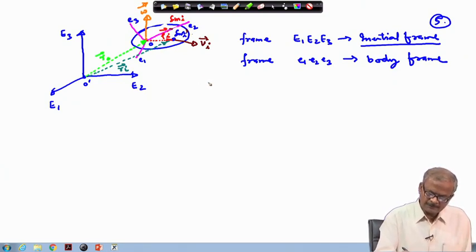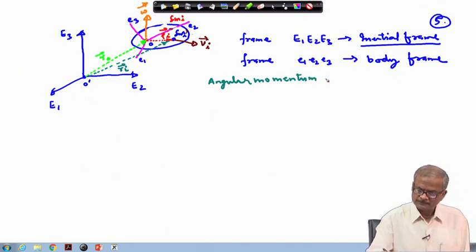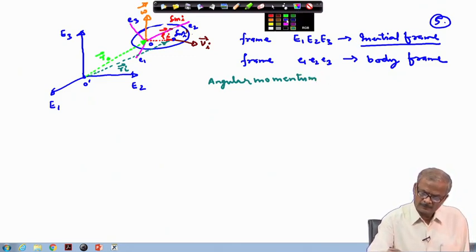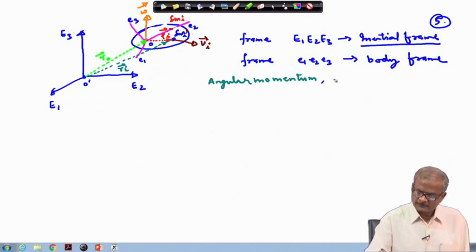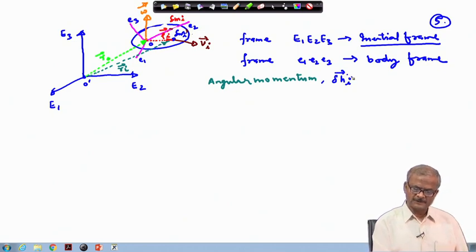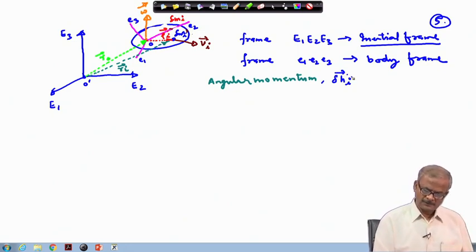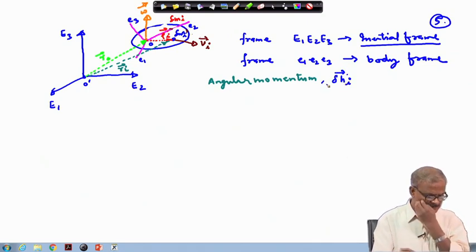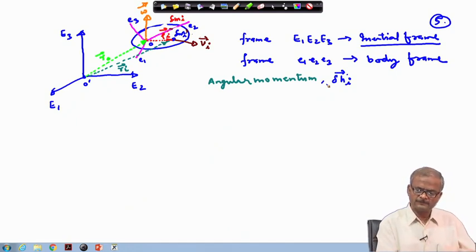So, we know that the angular momentum, we will indicate it for this particular particle as delta H I, okay. And we are writing here in terms of delta H I because we have to sum it over the whole body and finally calculate the angular momentum of the system. Okay.